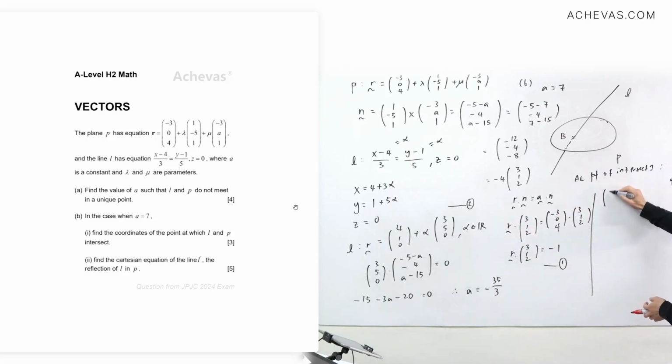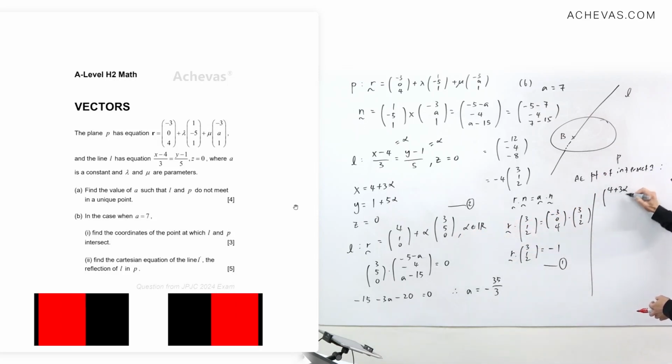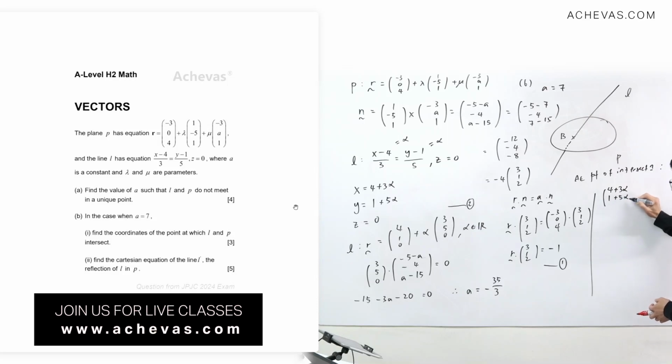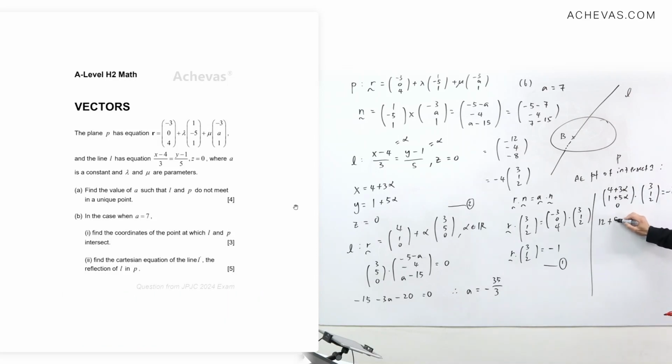So I will get (4 + 3 alpha, 1 + 5 alpha, 0) dot (3, 1, 2) equal to -1. Dotting out, I get 12 + 9 alpha + 1 + 5 alpha equal to -1. Therefore, solving, alpha equal to -1.